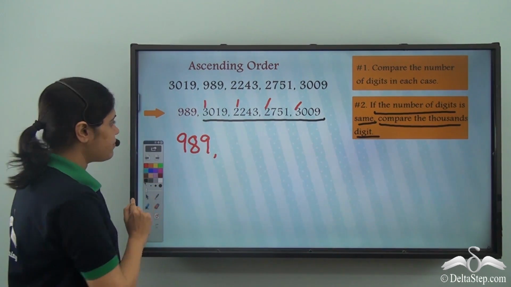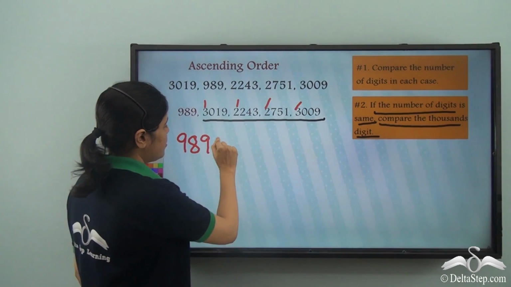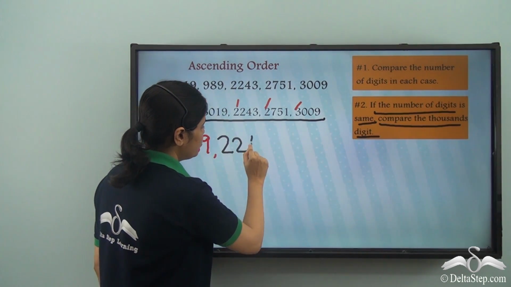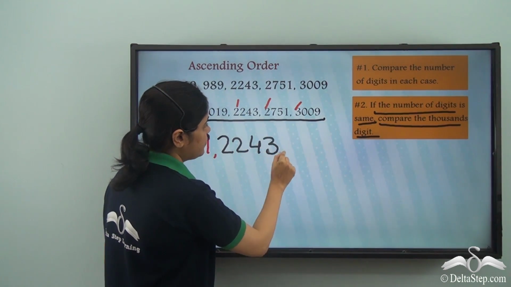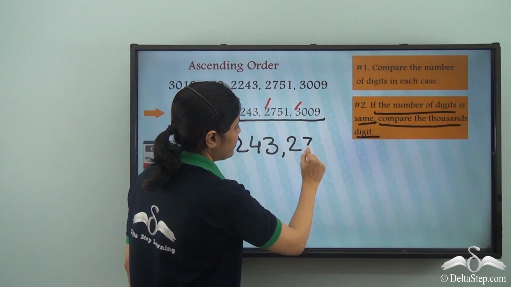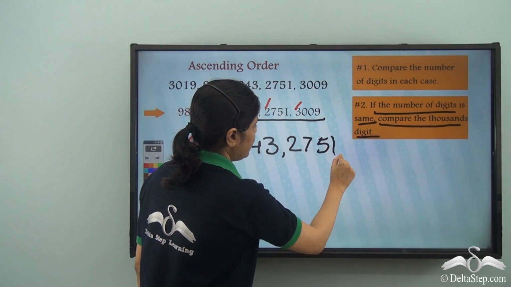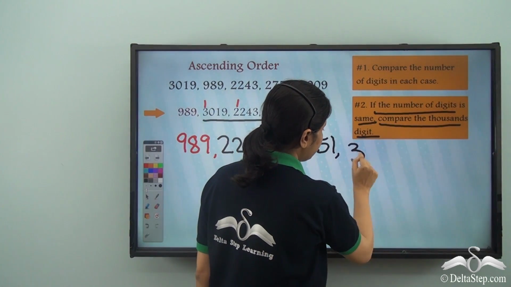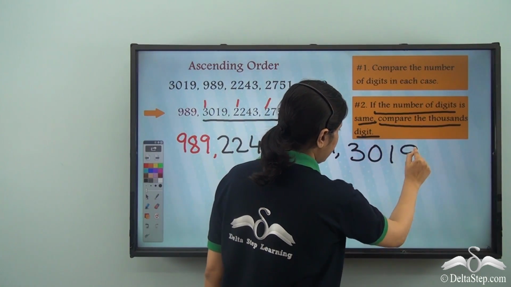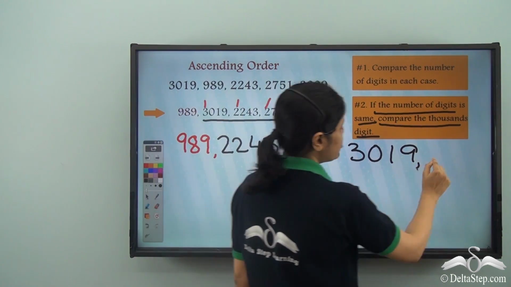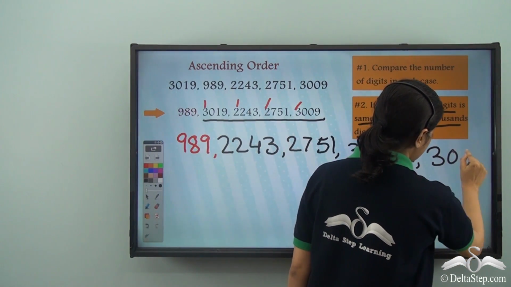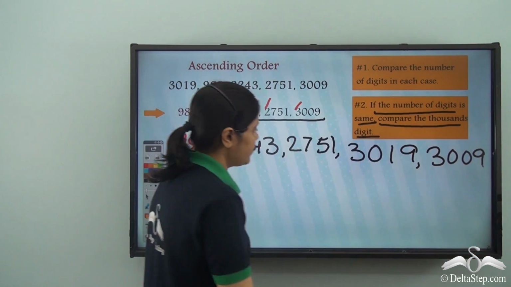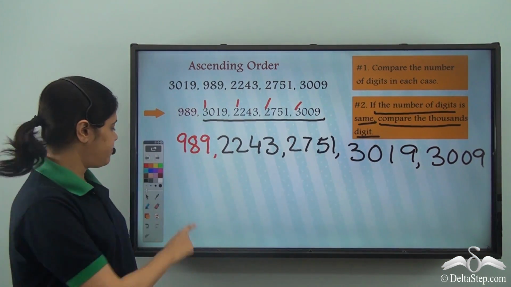Then let me write the number starting with 2 first. 2243, 2751. Then the number starting with 3, 3019 and 3009. So this is what I have.